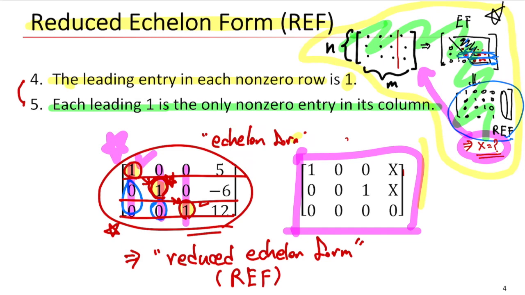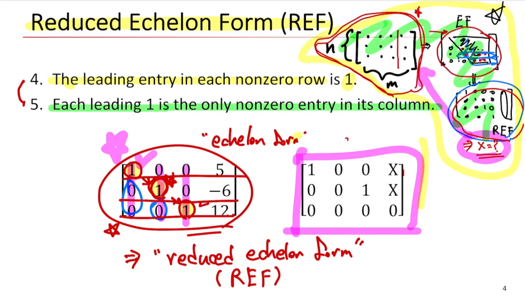Let me tell you why we should learn the echelon form and reduced echelon form. We have this matrix A, and we want to find the solution of this linear system. But in the original matrix, it is really hard to find the solution. So what we want to do is to convert this matrix into the reduced matrix. To make this original matrix into reduced form, we apply a sequence of elementary row operations step by step.